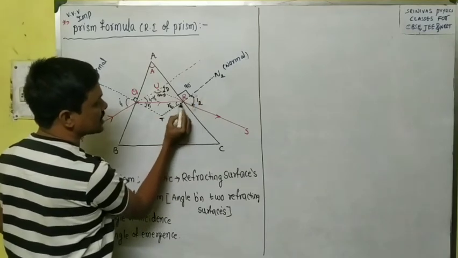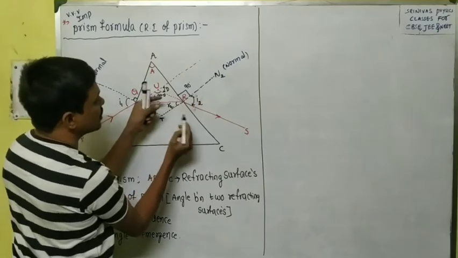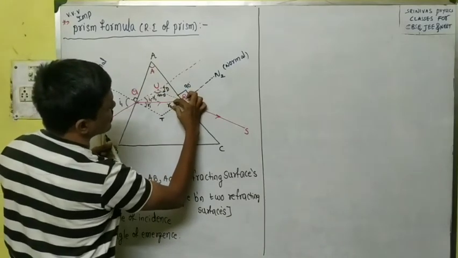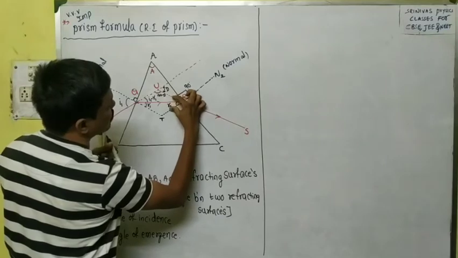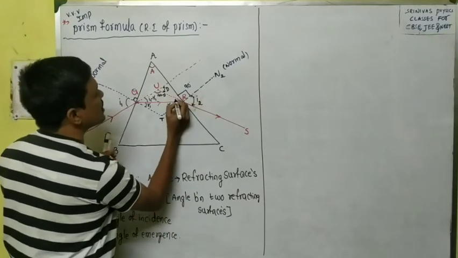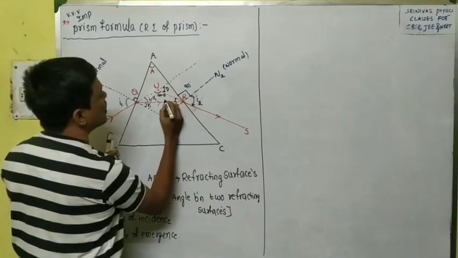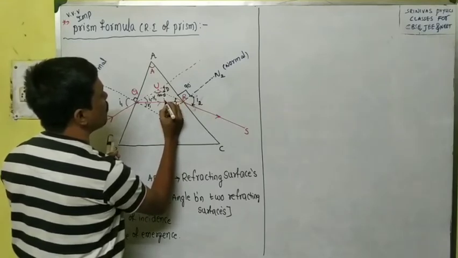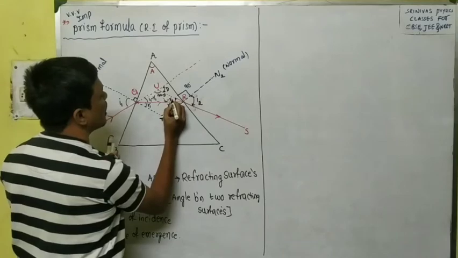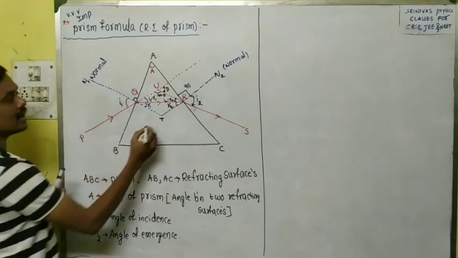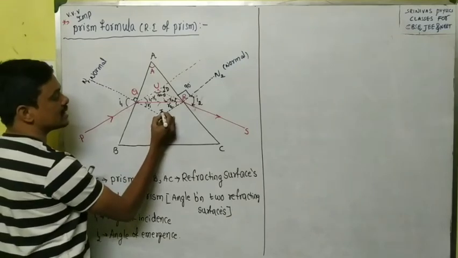Here the total angle is I2. Then this is R2, means this part is I2 minus R2 we will get. And here I am considering the angle as T.